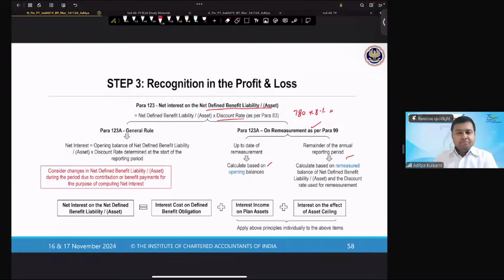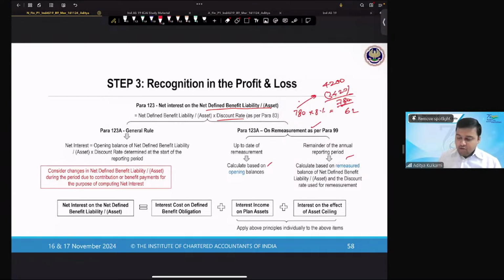Yes or no? In our question, 780 into 8% was 62. Sir, what is 780? 780 was nothing but the opening balance of obligation 4,200 minus the opening balance of plan assets. So that comes to 780. Is it okay? Yes, sir.